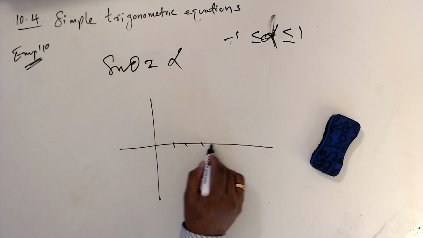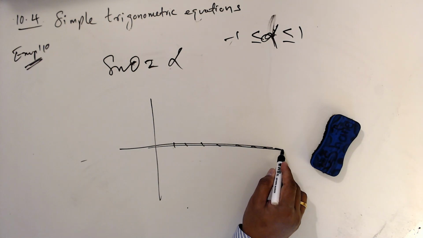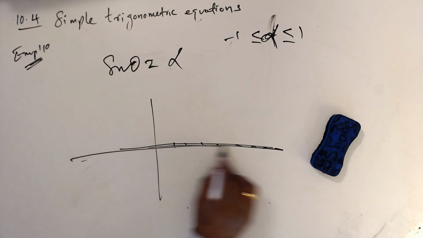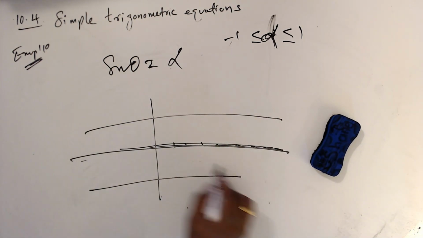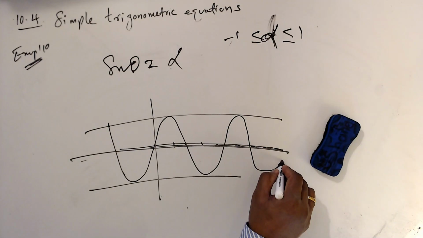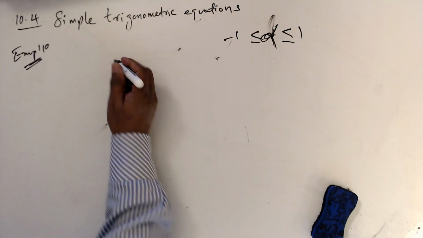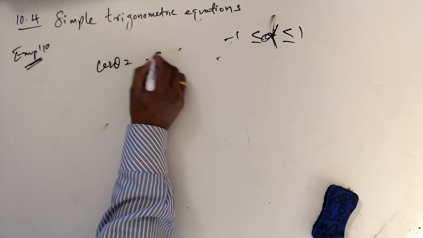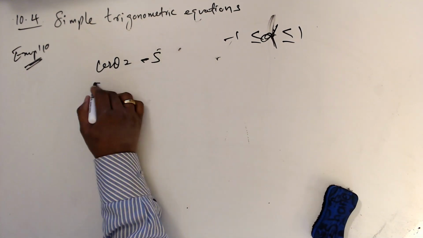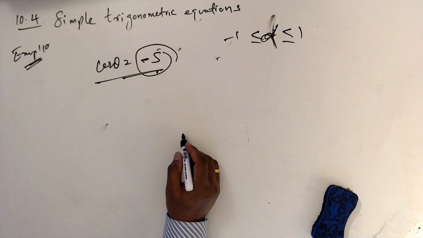Theta on the number line goes from minus infinity to plus infinity. As it goes towards plus or minus infinity, the sine value is bouncing between minus 1 and plus 1. So right now, if someone gives cos theta equals minus 5, this is not realistic because this answer should be between minus 1 and plus 1.